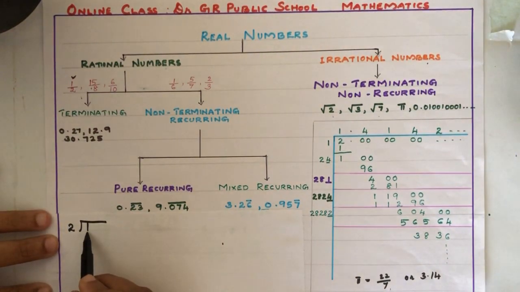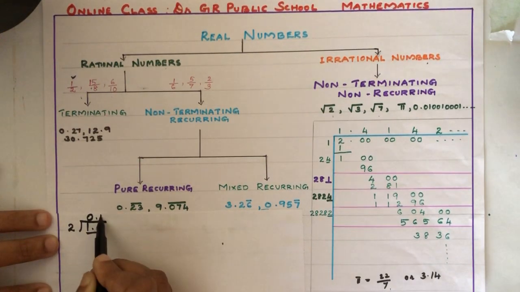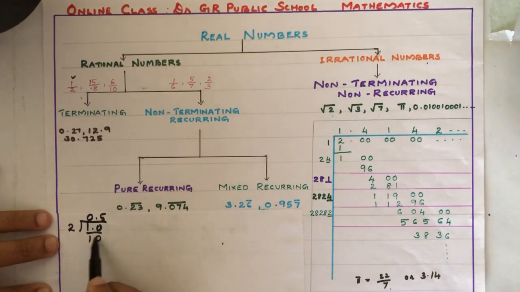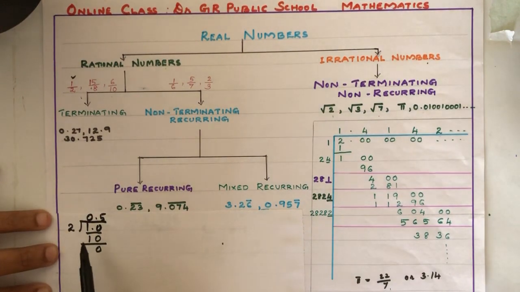We can't divide 1, so we put 0, then a decimal point, here also a decimal point, then 10. Now we have 10, 5 times, so 10, 0. We finish the division when we get the remainder 0, and the quotient is the decimal form of the given rational number. So 1 by 2 is equal to 0.5, terminating decimal form.